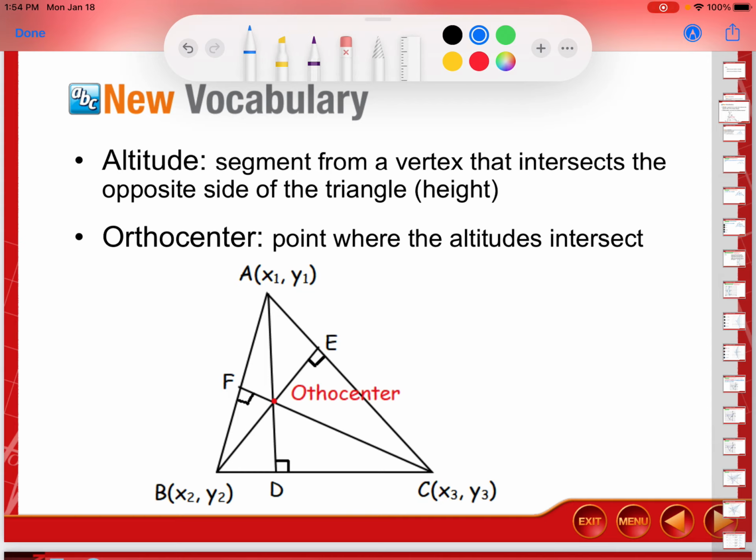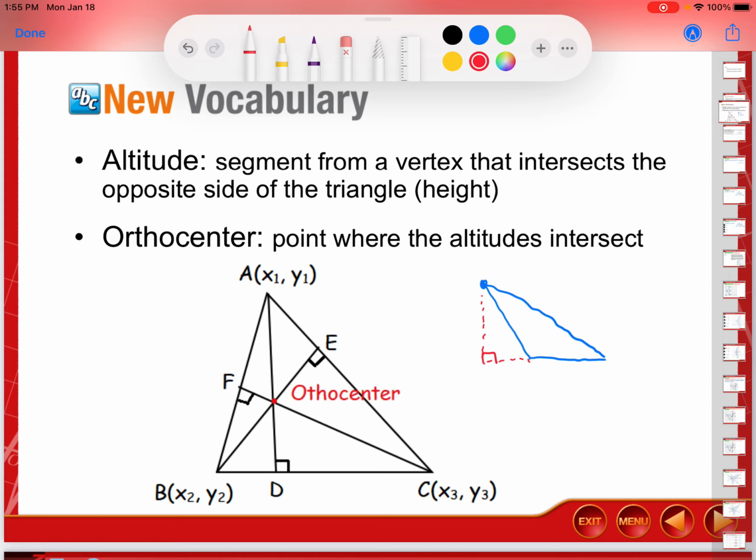And these don't necessarily have to lie within the triangle. If I had an obtuse triangle like this, then my altitude from this top point here would drop straight down and intersect the line at a 90-degree angle there. So it wouldn't necessarily have to be inside the triangle, which is another really interesting part of this.